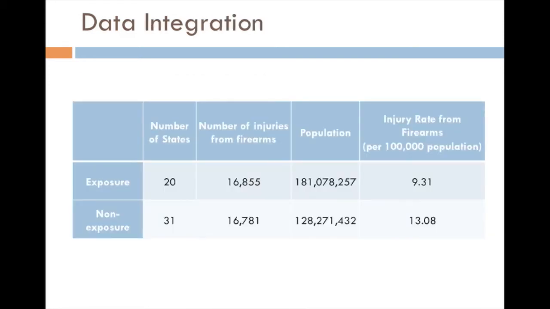With data integration, we get the injury rate from firearms and classify all 51 states into two groups. The injury rate from firearms of the exposure group is 9.31 per 100,000 population, and for the non-exposed group, 13.08 per 100,000 population.